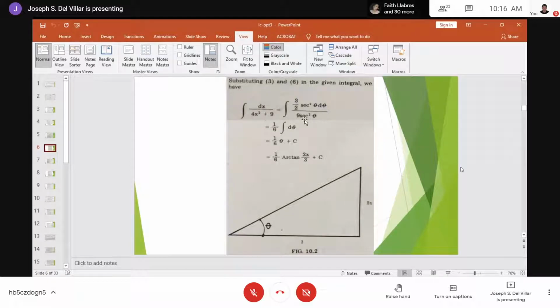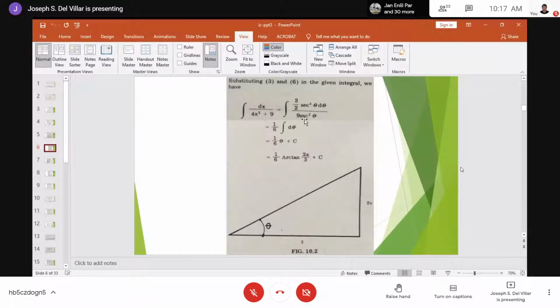Okay? So 3 halves times 1 over 9. So cancel yung 3 tsaka 9. So magiging 1/6. Okay? So 1/6 is a constant. You can place that behind. So 1/6 integral of d theta, theta. So 1/6 theta plus c.